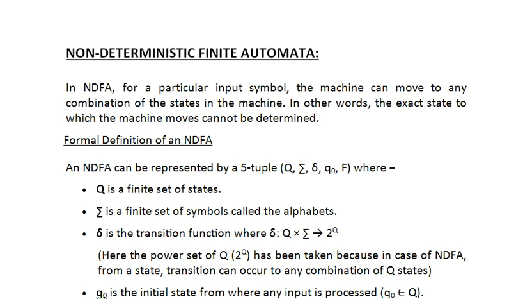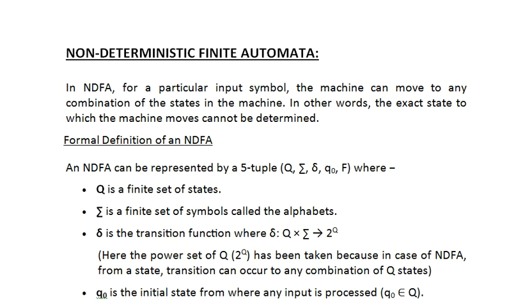But it should always match the language for which it is being created. That's the most important thing for both non-deterministic finite automata and deterministic finite automata. In other words, the exact state to which the machine moves cannot be determined. That's why I told you that there is no such restriction at all.